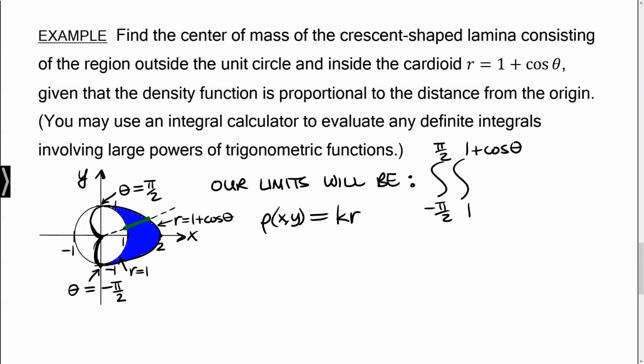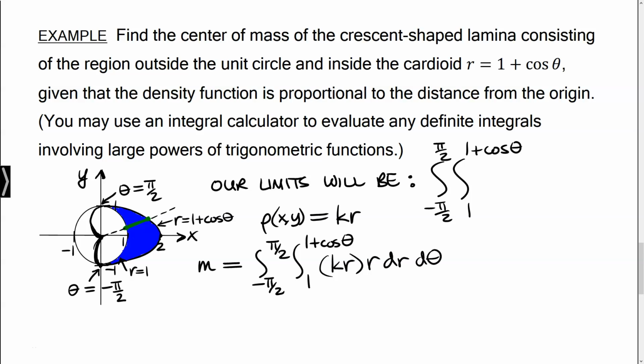So let's find the total mass. The total mass is going to be the integral from minus pi over 2 to pi over 2, 1 to 1 plus cosine theta of, we just integrate the density. So we just integrate kr times r dr d theta.